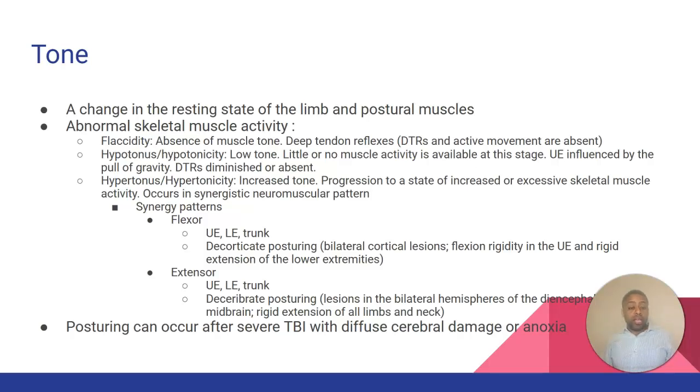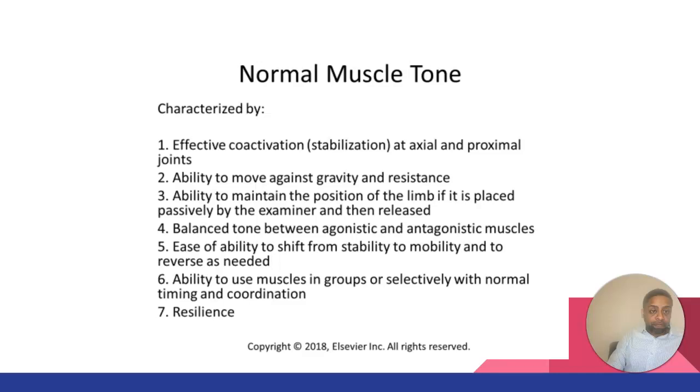Whereas in extensor synergy, you have something that's called decerebrate posturing, which is the rigid extension of all limbs and neck. Again, this type of posturing could occur after severe TBI or anoxic brain injuries. Anoxic brain injury is a brain injury due to lack of oxygen to the brain.